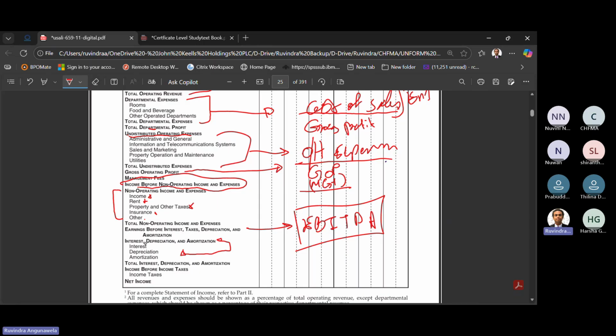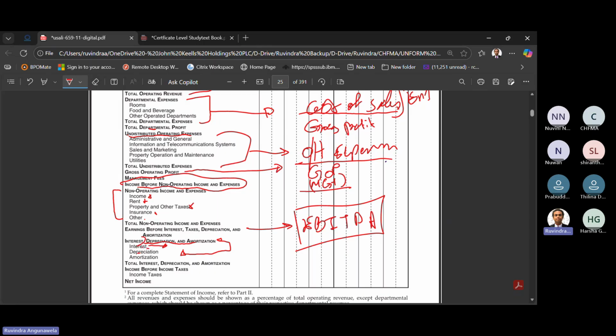But interest, depreciation, amortization, expenses. Interest means the finance cost. You would have borrowed money from the bank to run your business, so you will pay an interest to this bank. So interest cost or the finance cost is what is captured under interest.